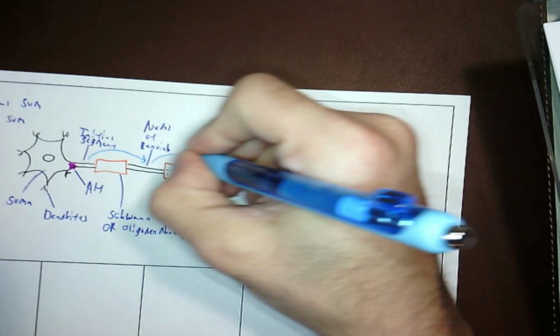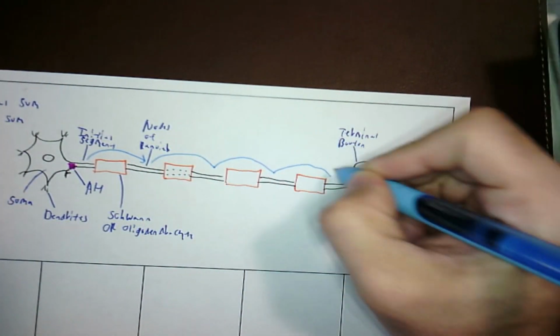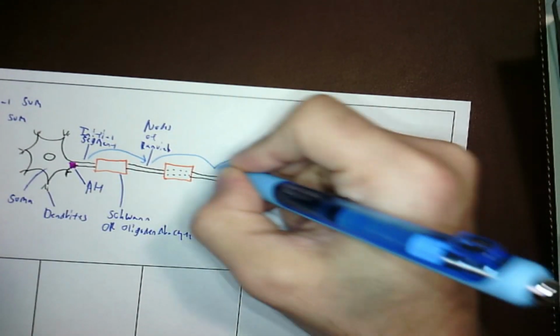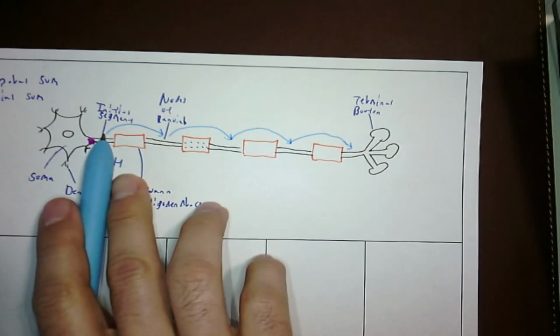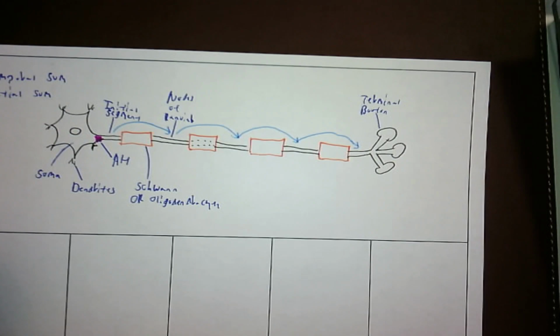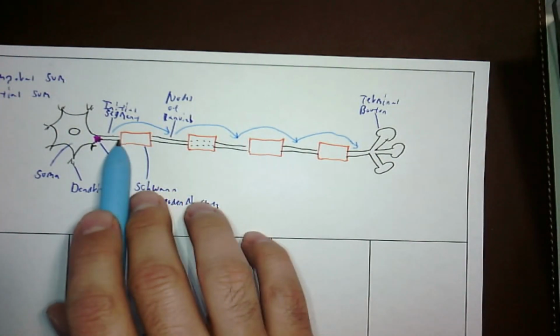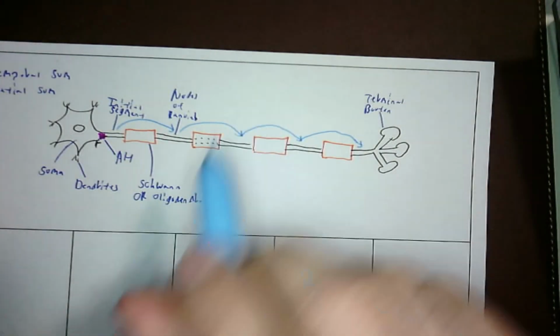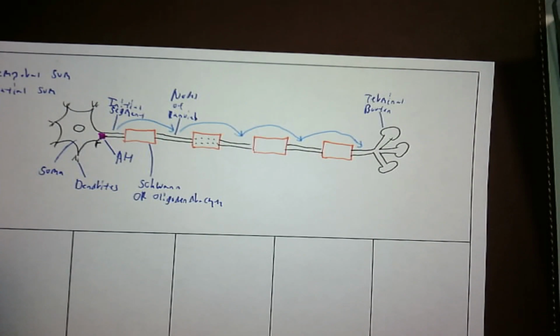It's going to look like this until it gets to this end here. And there's a name for this kind of conduction where it looks like it's skipping these myelinated segments, and hopefully you remember this name, saltatory conduction.